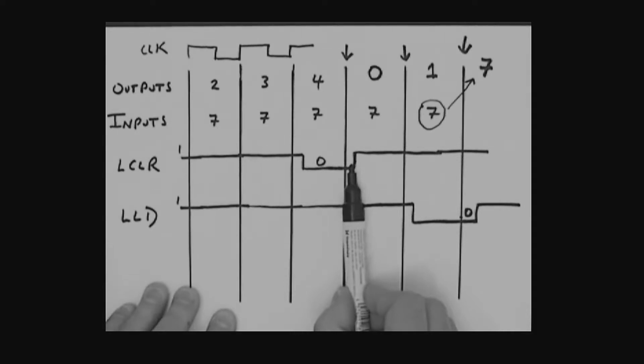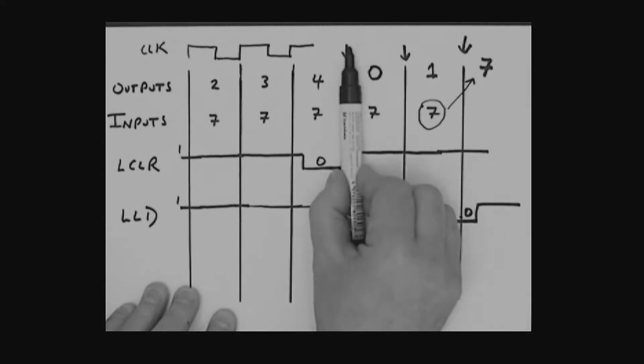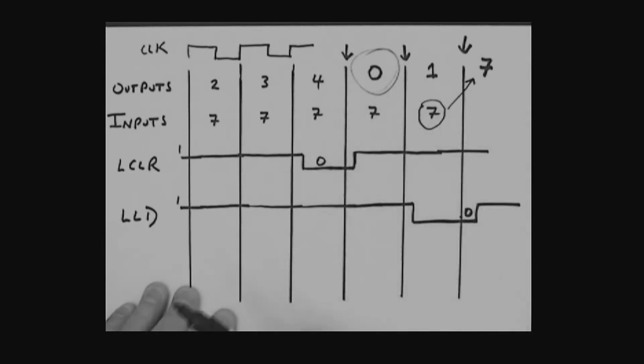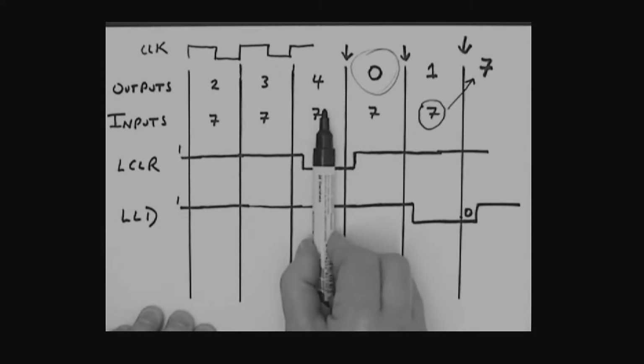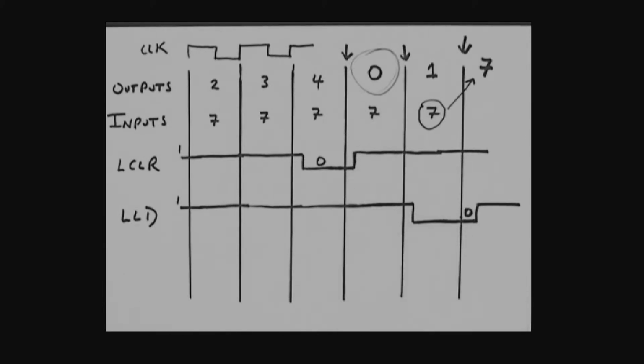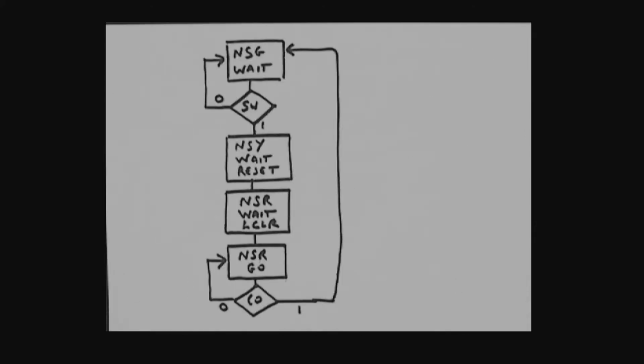The output of the counter didn't go to 0 until you get the next clock edge over here. There is that output of the counter going to 0. Okay, so I assert the clear in the state prior to where the output of the counter will be zeros. So in other words, back here is where I'm asserting that clear.